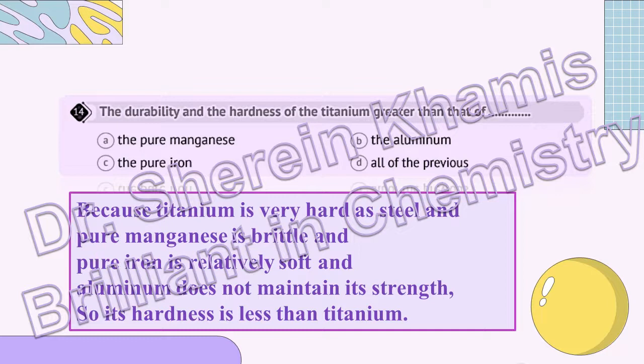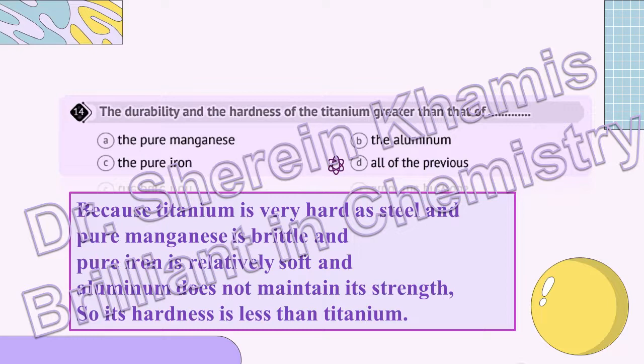Aluminium doesn't maintain its strength and is not easy to shape, but when we add some metals to it, it becomes tight or brittle compared to titanium, so its hardness is less than titanium. So the durability and hardness of titanium are greater than pure iron, pure manganese, and aluminium. The right answer will be letter D, all of the previous.